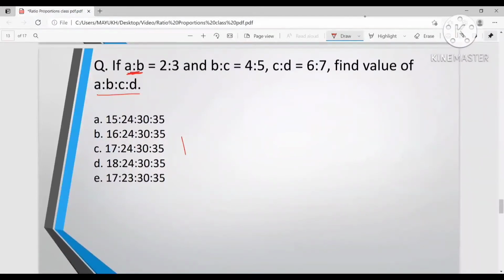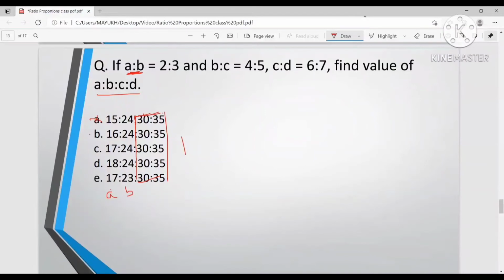A is to B, that is 2 is to 3. Is this 15 is to 24 giving me 2 is to 3 in any way? No, but initially I'll just not think of this part. I'll forget that this exists. I'll just take A and B. So 2 is to 3, this is not giving me 2 is to 3. 16 is to 24, you have to divide it by 8. 8 times 2 is 16 and 8 times 3 is 24.